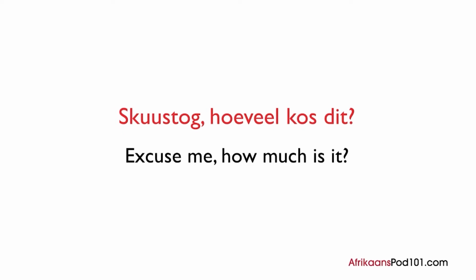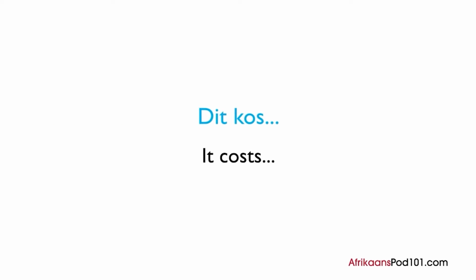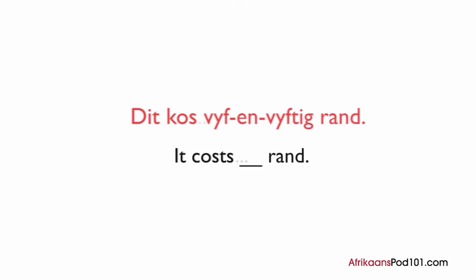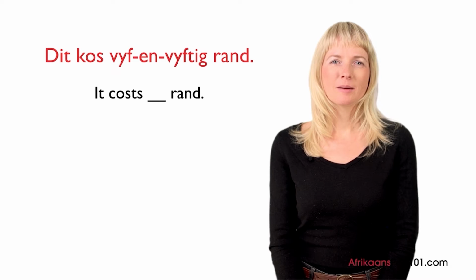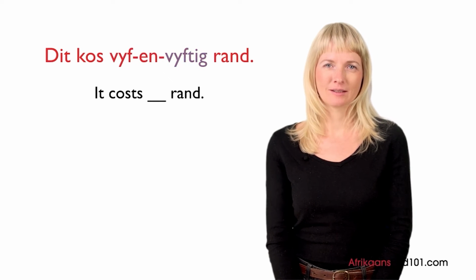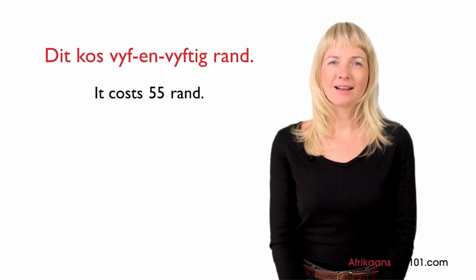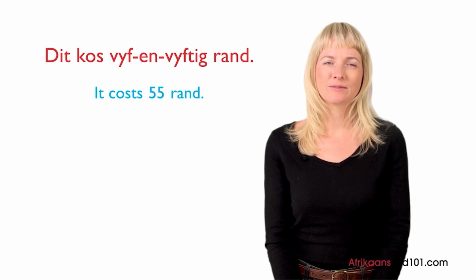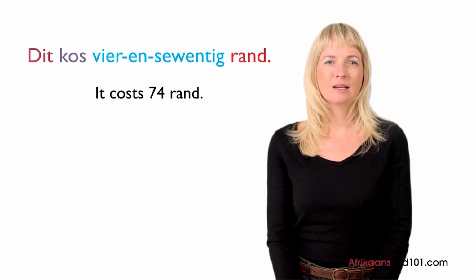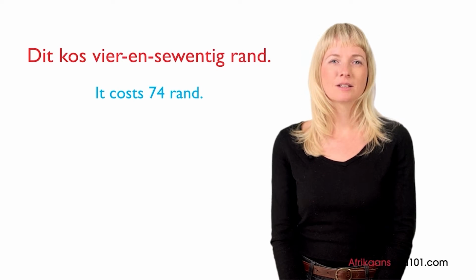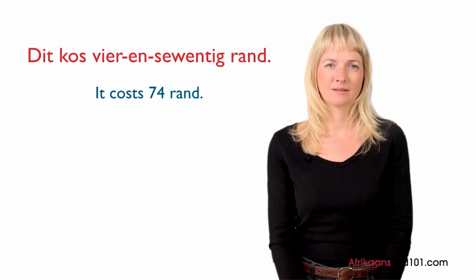At this point, the shop clerk can answer by saying, "Dit kos." This means it costs. For example, "Dit kos R55." What number is 55? This means it costs 55 rand. Or he could say, "Dit kos R74." It costs 74 rand.